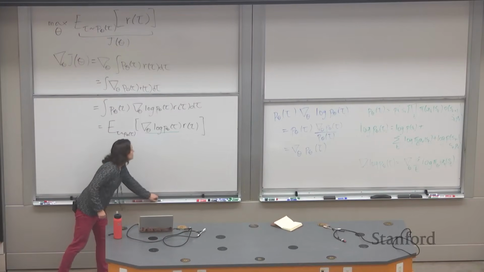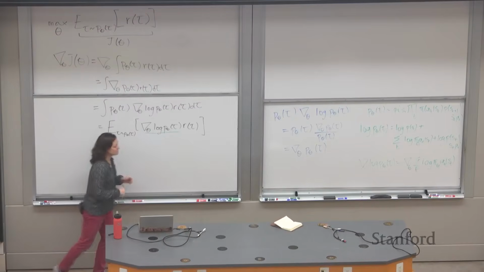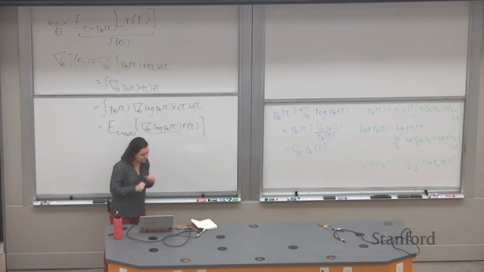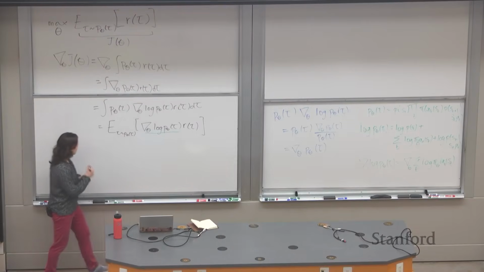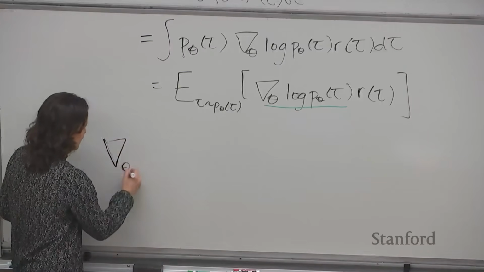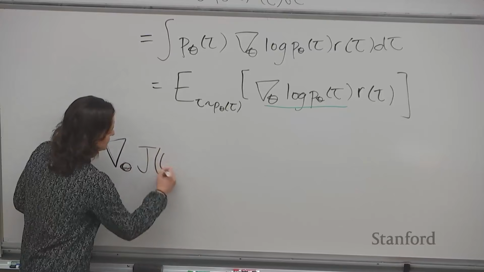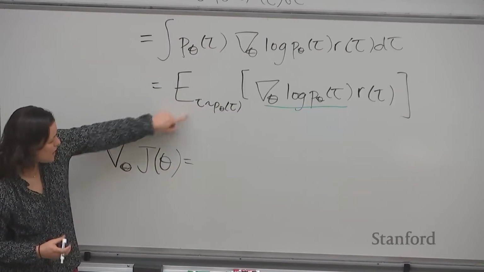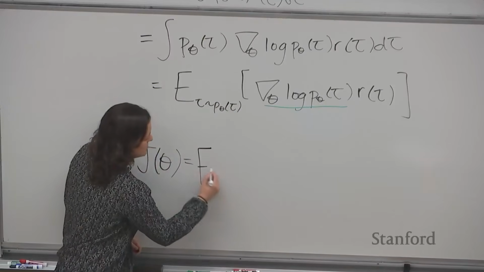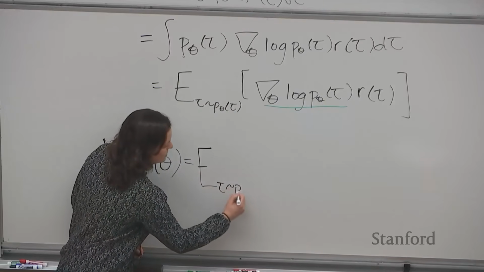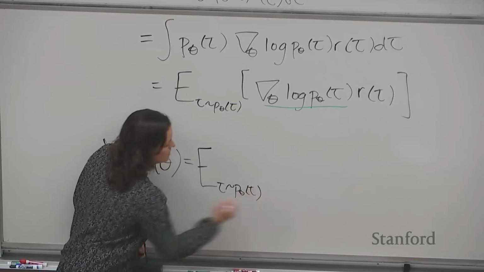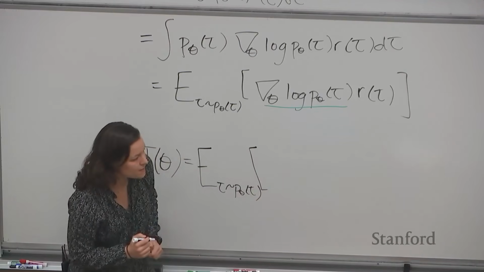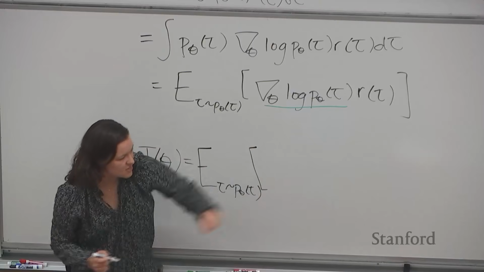The gradient of j theta, when we plug this in, is an expectation over trajectories sampled from our policy. Inside that expectation, we can bring the gradient inside that summation.